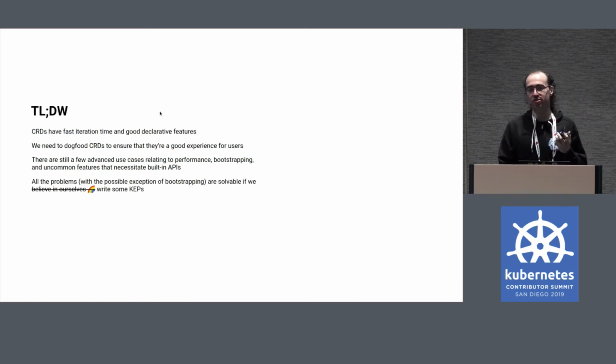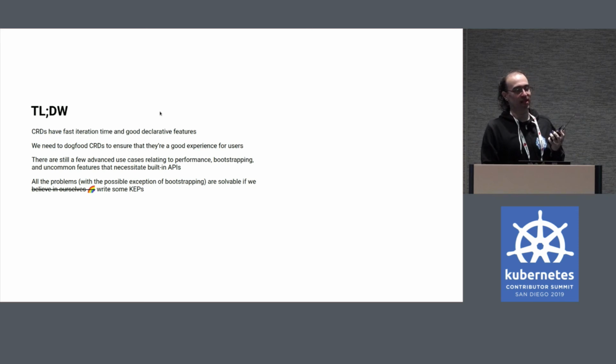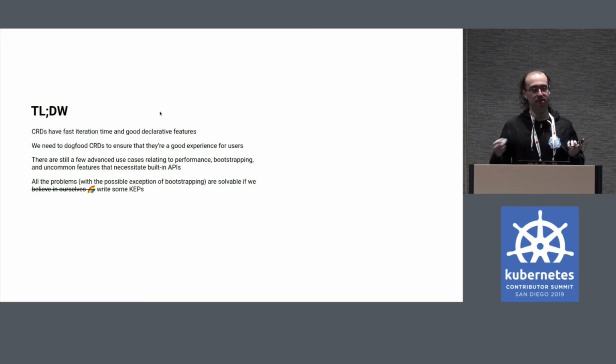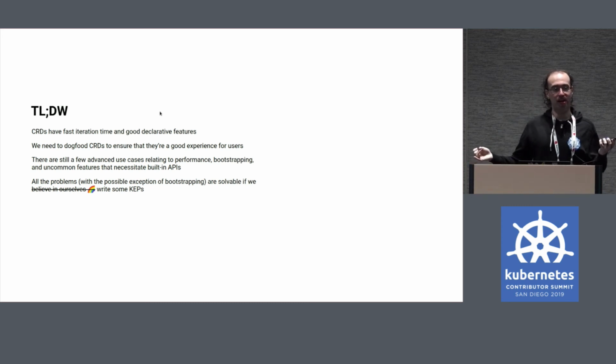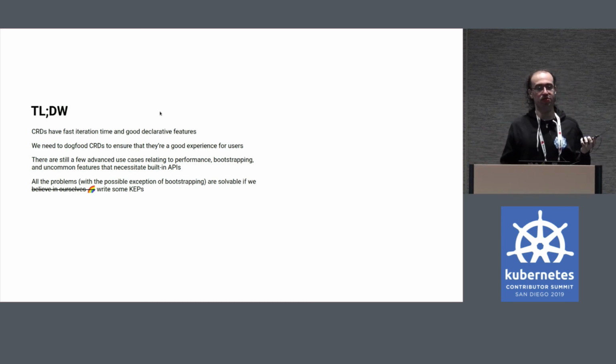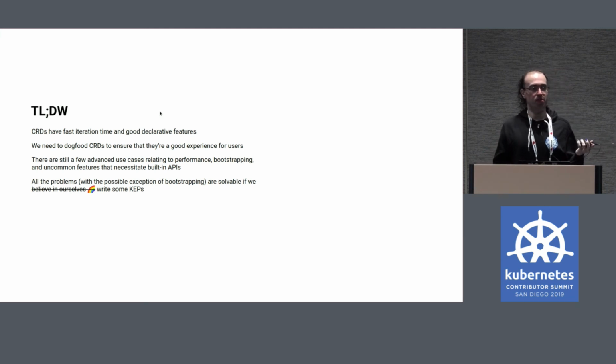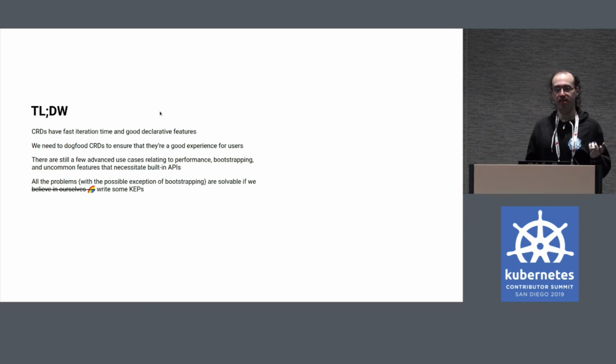All right. So if you happen to fall asleep during any of this and just woke up, in summary, CRDs provide fast iteration time, nice declarative features for users. It's also important to dog food our own stuff. But we still have some problems, especially around some of the advanced corner cases.